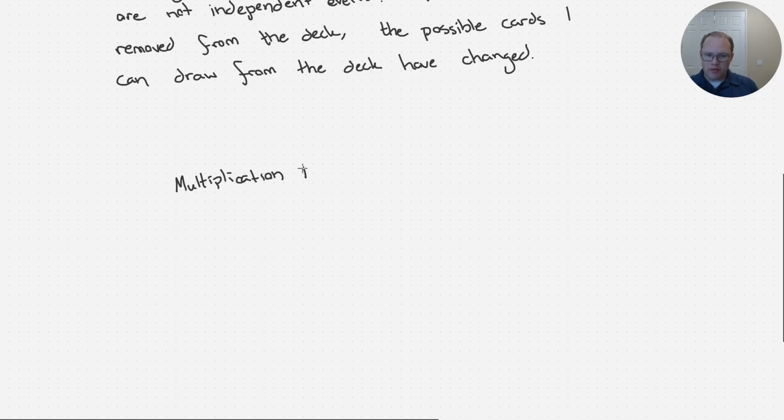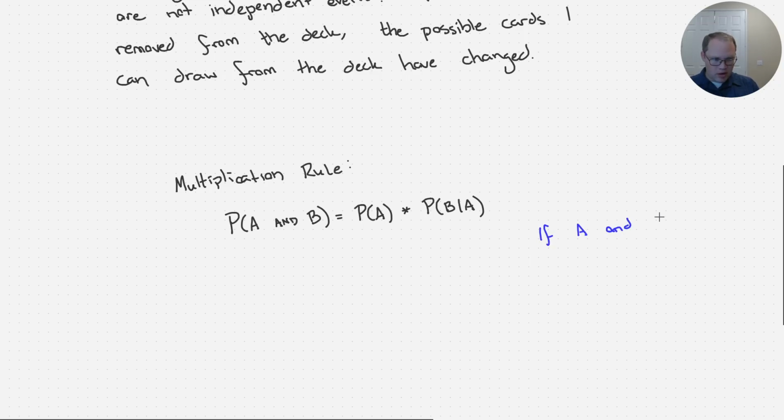I'll just write one version of the rule here: probability of A and B equals probability of A times probability of B given A. But in the special case where A and B are independent, probability of B given A is just equal to the probability of B. That was one of the formulas we talked about before.